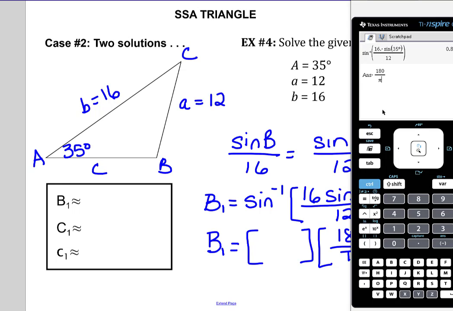And by doing that, we'll know the degree. So the degree is 49.89 degrees.